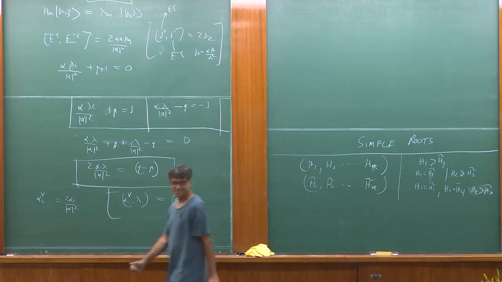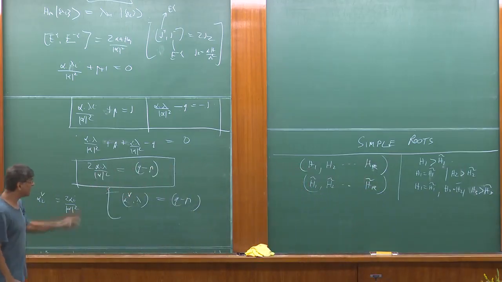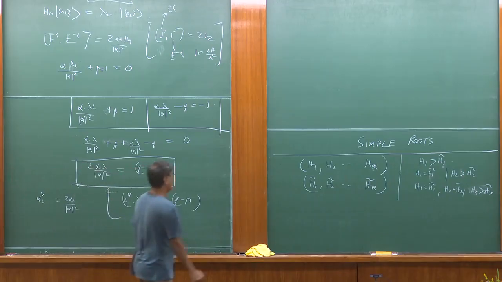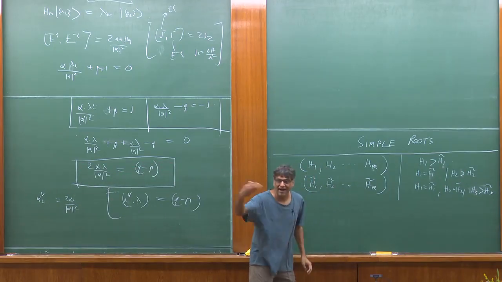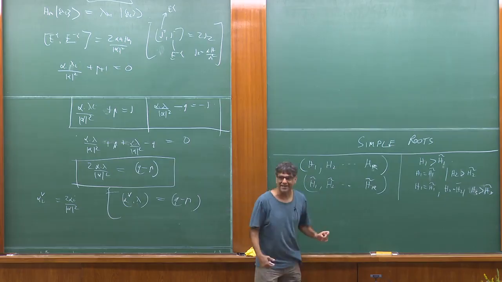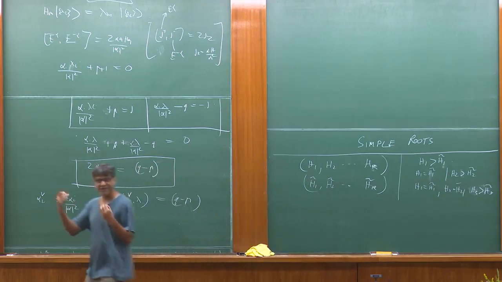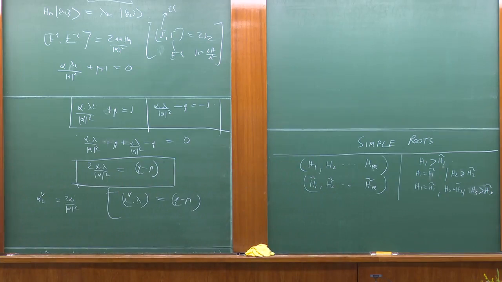These h_i are the eigenvalues of the Cartans. So I should have said lambda 1 and lambda 1 tilde. They're different eigenvalues. Weights. Exactly, weights. I should maybe have said lambdas.